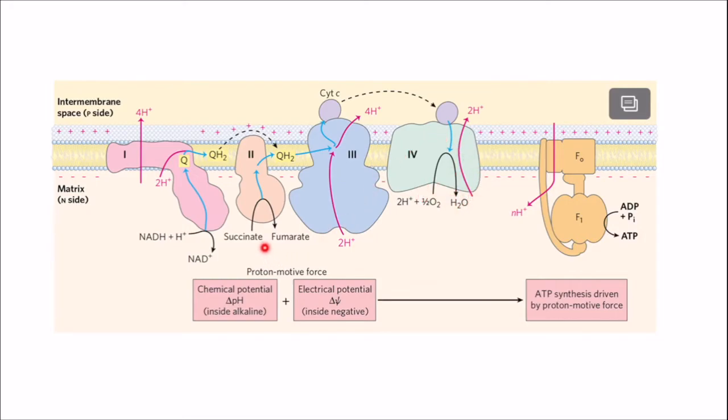And this process and the transfer of electrons through all these complexes will cause 4 protons to pump in the first complex, 4 protons to pump in the third complex, and 2 protons to pump in the fourth complex. So we see that from one NADH molecule, we actually pump 10 protons.